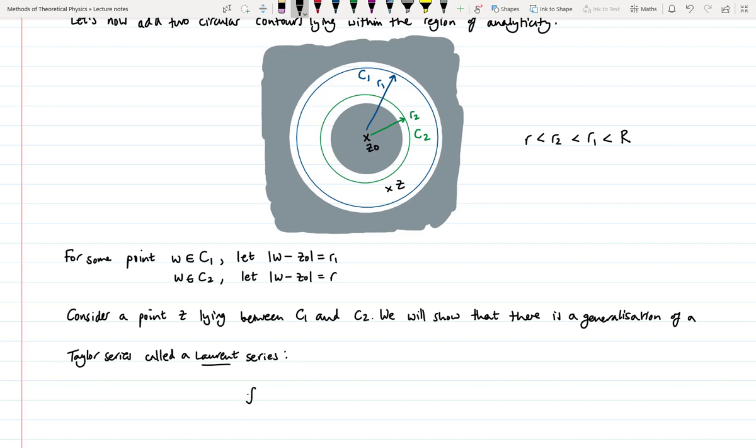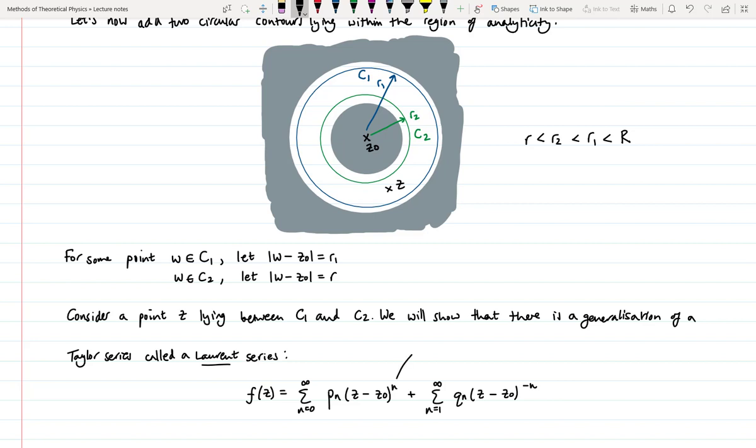Our function value f, which has this region of analyticity that we have in the picture above, at a point z lying between the circles C1 and C2 is given by the sum from n equals 0 to infinity of coefficients times z minus z0 to the n, plus the sum from n equals 1 to infinity. Note that they start at different values, these two series. This second one is a sum of terms qn, lots of z minus z0 to the minus n.